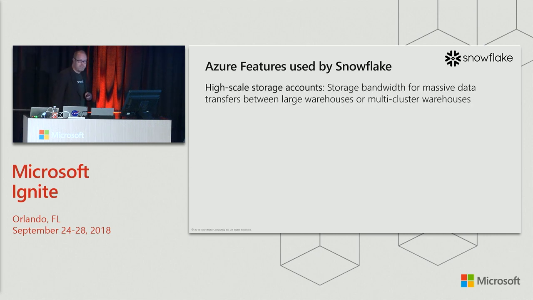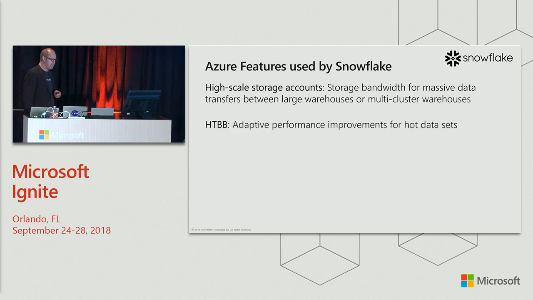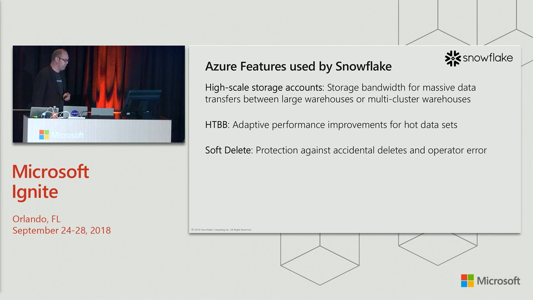We've been working very closely with the Azure teams as we were building out Snowflake on Azure, and here are some of the features that we have used to make this possible. The first one is the high-scale storage accounts, which gives us that additional boost in terms of data transfer and bandwidth between compute and storage, particularly for large warehouses and the multi-cluster warehouses. We are relying on the high-throughput blobs for the adaptive performance improvements, which helps us with frequently accessed data sets to get even better performance for those.